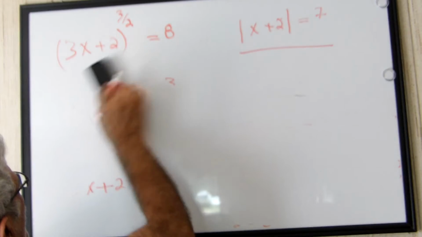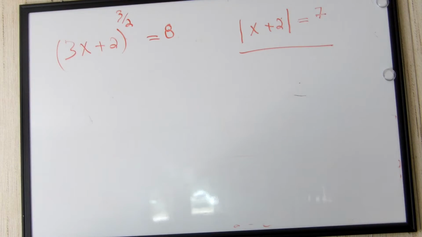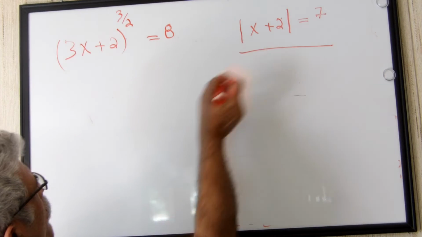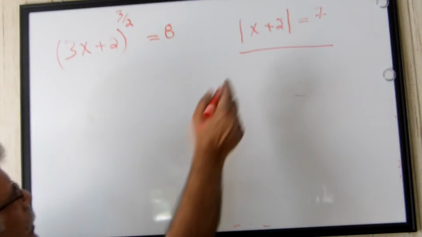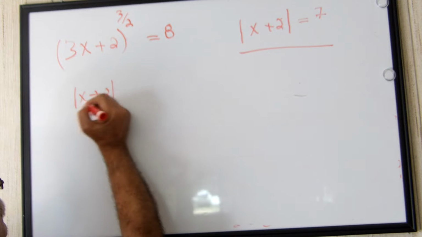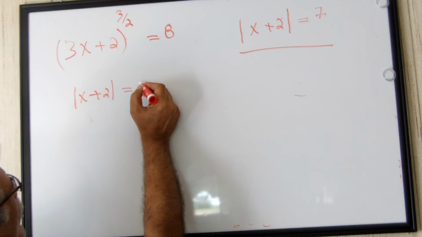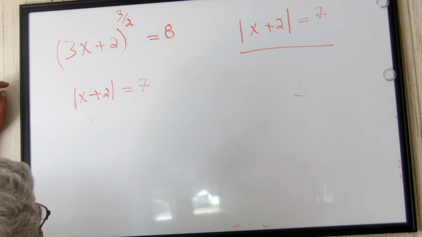Now let's talk about this. If you have something like this, |x + 2| equal to 7, we can write this one in two ways, because we can put two values here for x to get 7.